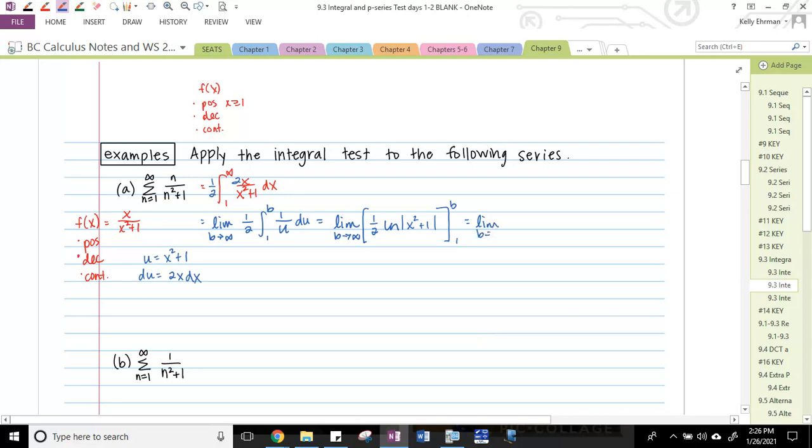Remember, we don't drop our limit notation until we actually take the limit. So the next step is subbing in b and 1. So 1/2 natural log of b squared plus 1, minus 1/2 natural log of 1 squared plus 1, which is natural log of 2.